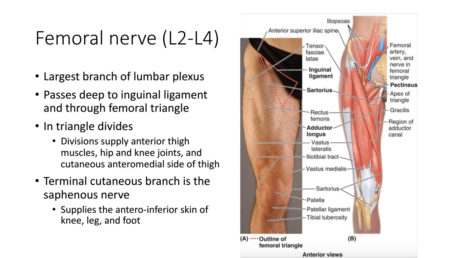The terminal cutaneous branch of the femoral nerve is the saphenous nerve. The saphenous nerve supplies the antero-inferior skin of the knee, leg, and foot. So the anterior and inferior skin of the knee, leg, and foot.